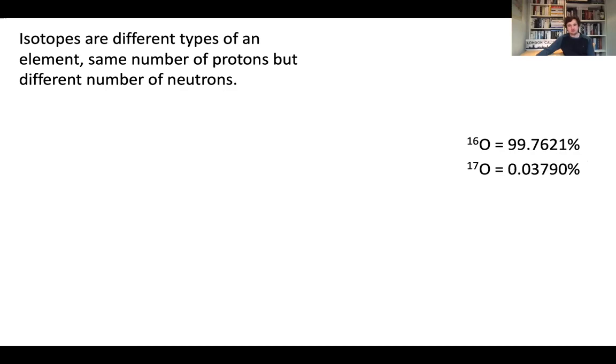Oxygen 17, you can see hardly any of the oxygen on Earth is oxygen 17. This has 8 protons and 9 neutrons. And oxygen 18 has 8 protons and 10 neutrons. You can see 0.2% of oxygen on Earth is this one.